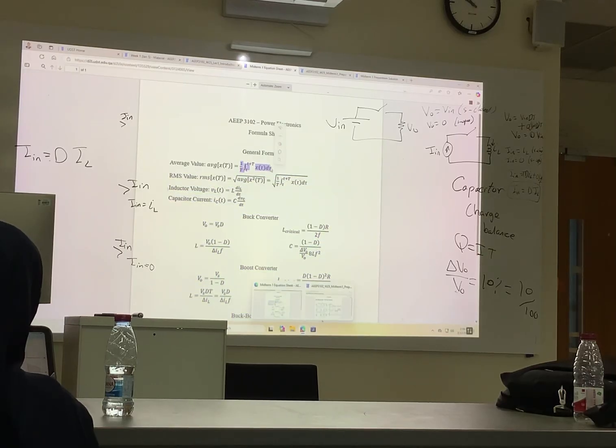Because for the average you divide by T. That's why you drop the T. The actual value has a T, but then you drop it when you do the average.